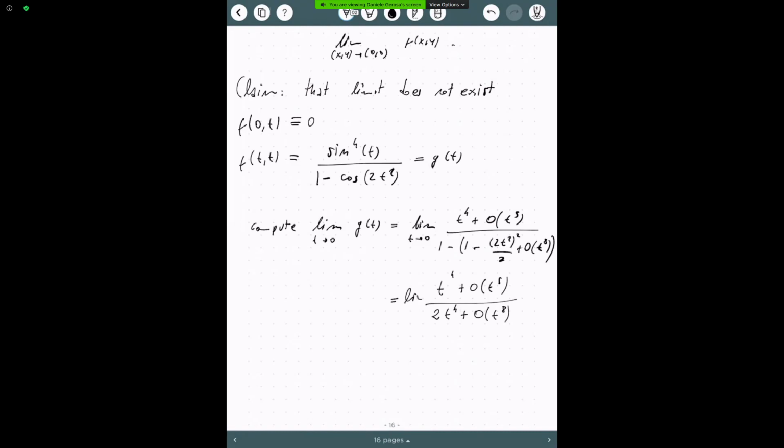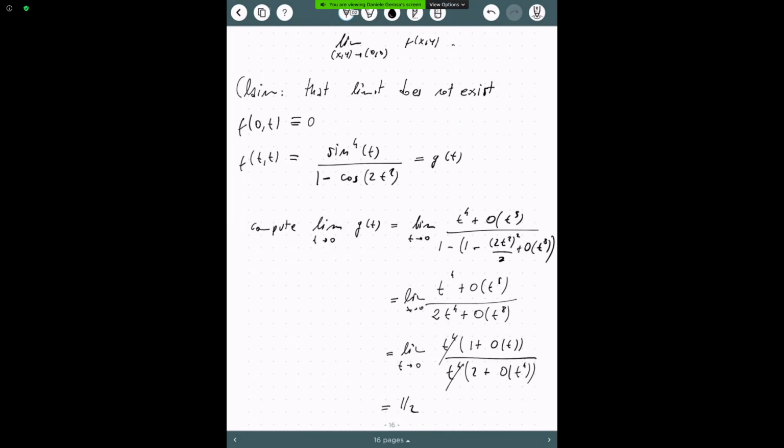And then there is a limit here for t that goes to 0. And then you can just collect a power of 4 above and below. So we get 1 plus a big O of t here, and 2 plus big O of t to the power of 4. Simplify, and then you get exactly 1/2.